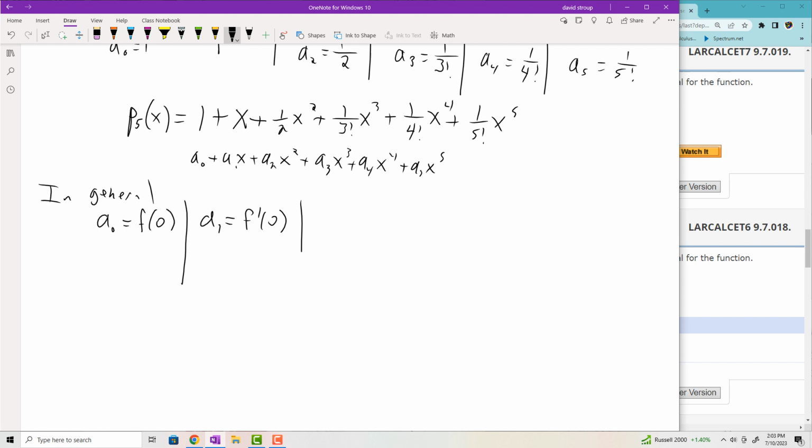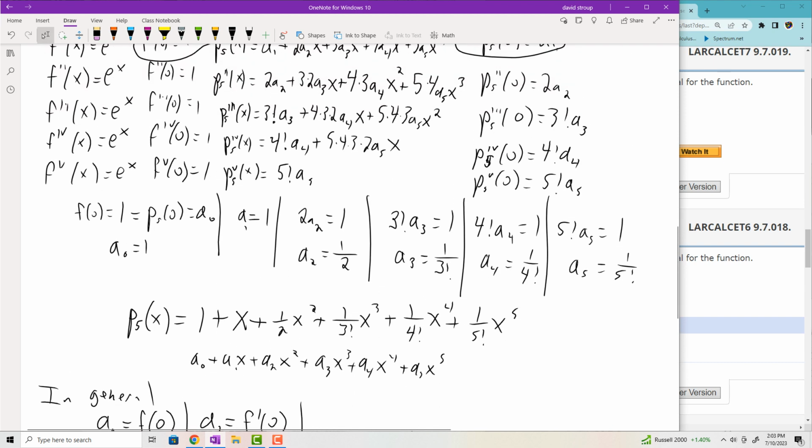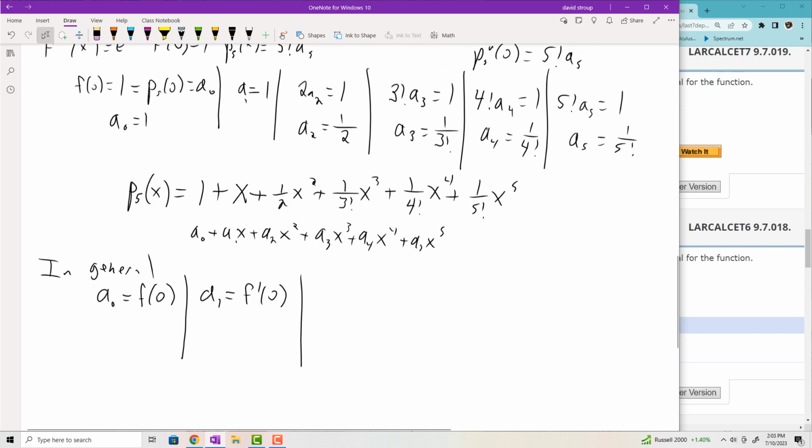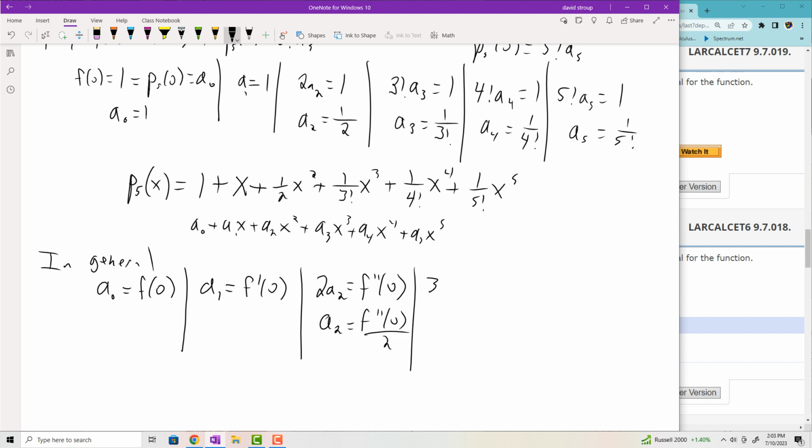A sub 2, well, we've got to be a little careful now, because the derivatives of the polynomial cause these coefficients. So it's really not just a sub 2, but rather 2 a sub 2 equals f double prime of 0. In other words, a sub 2 will be f double prime of 0 all over 2. Then we start spackling on factorial values here.